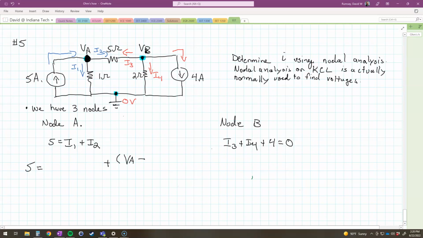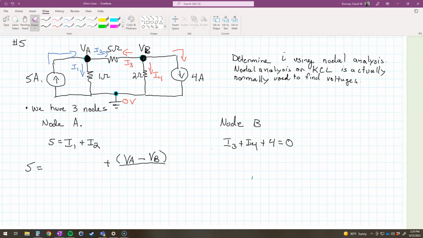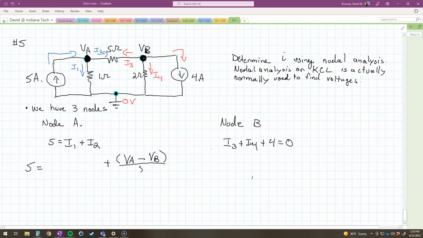I subtract the voltage at the other side of the resistor, which is VB. Then I divide by the resistance, divided by 5.